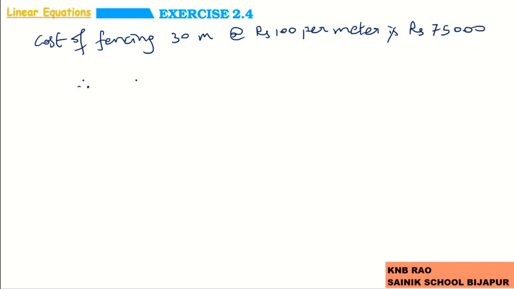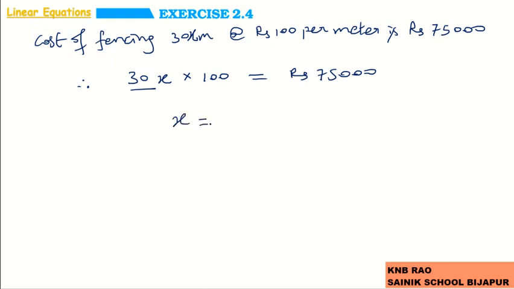Therefore, 30x into rupees 100, where we are fencing it, equals 75,000. So 30x length is fenced at the cost of 100 rupees per meter and it is amounting to 75,000.